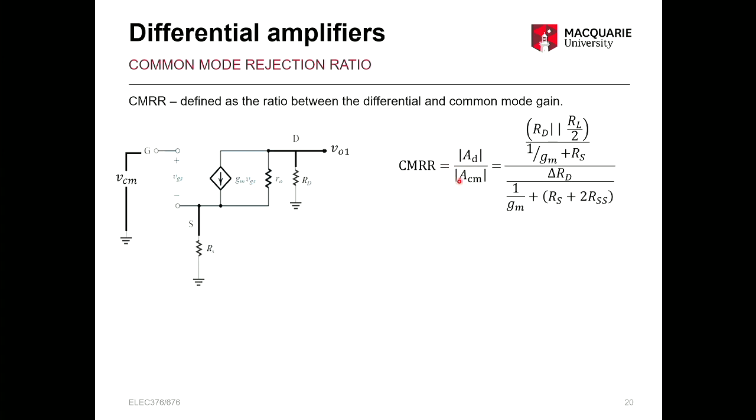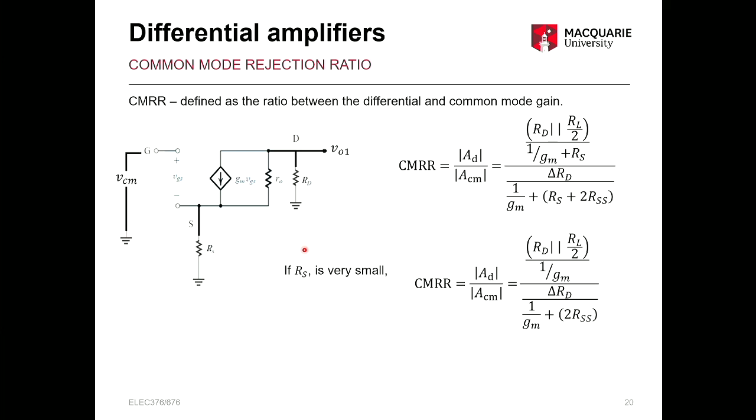So we previously derived these expressions, and this is for the case, of course, where we have a delta RD. Because otherwise that common mode gain is 0, CMRR is infinity, as we want it to be. So it's not a problem, we can not worry about it, but as soon as we have that mismatch, now we're interested in how that affects our CMRR. So we have that expression.